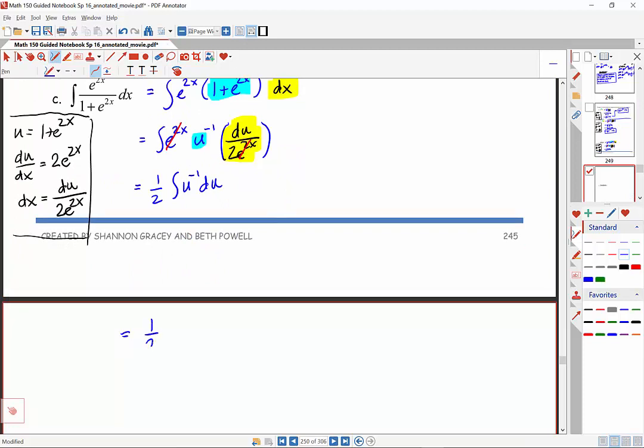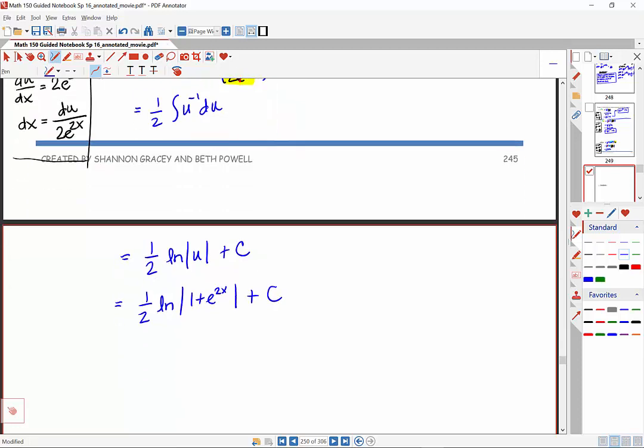That's going to be 1/2 natural log absolute u plus c, which is 1/2 times natural log absolute 1 plus e to the 2x plus c. Now if you look at 1 plus e to the 2x, what you'll notice is that it's always positive. The natural exponential function is always positive, and when you increase it by 1, it's still positive.